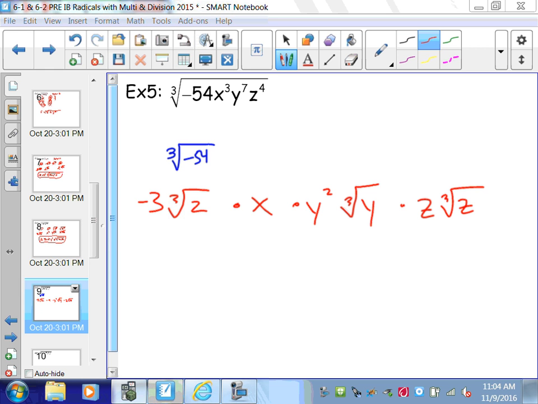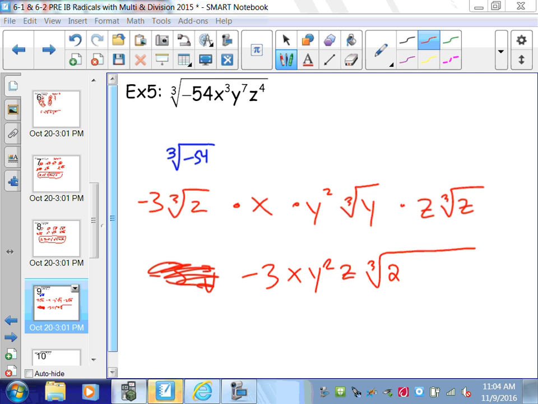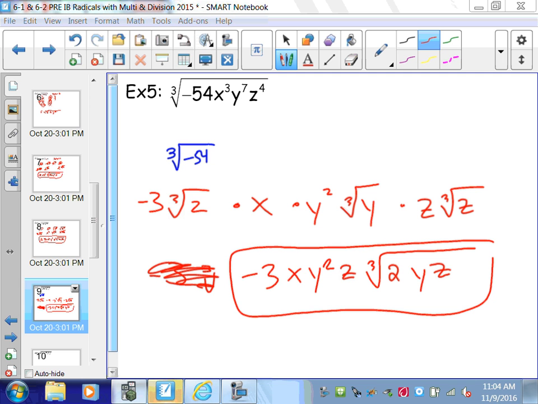Okay, so cleaning it up, it'd be negative 3 x y squared z cube root of 2 y and then z. That's good. Okay.